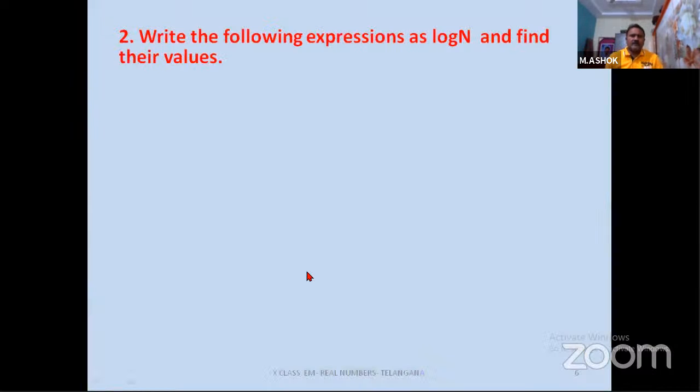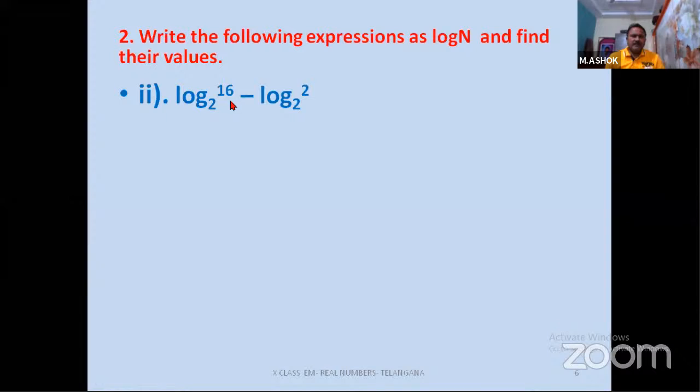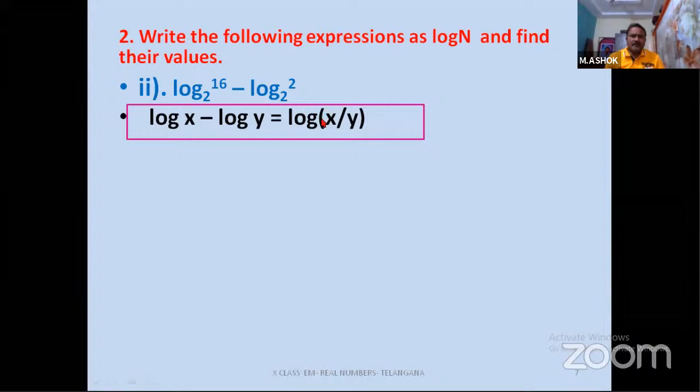Now look at the second sum. Log 16 base 2 minus log 2 base 2. So log x minus log y, we can write as log x by y. So we are using the formula log x by y is equal to log x minus log y.